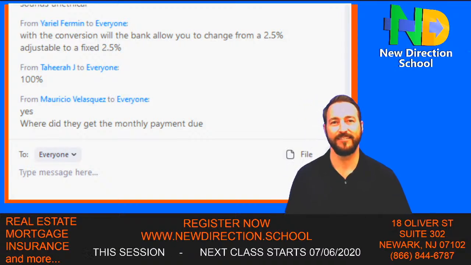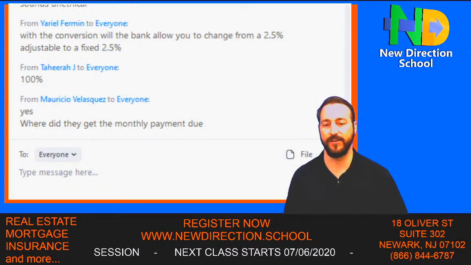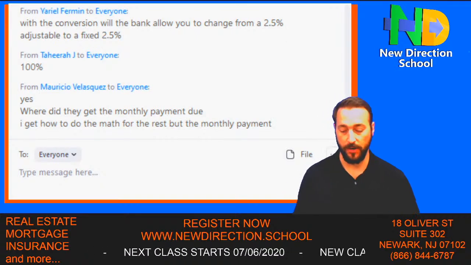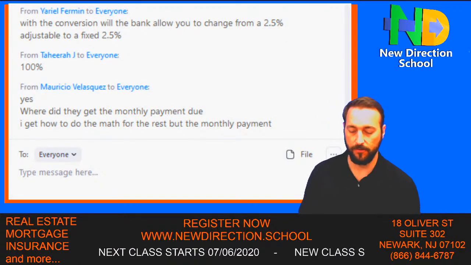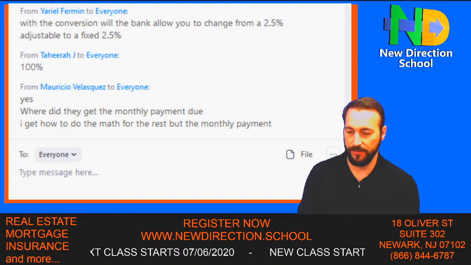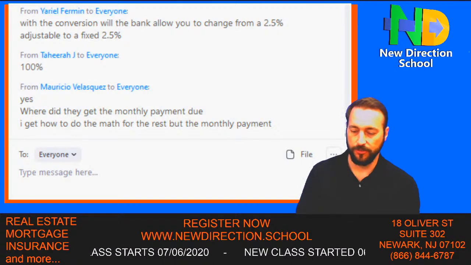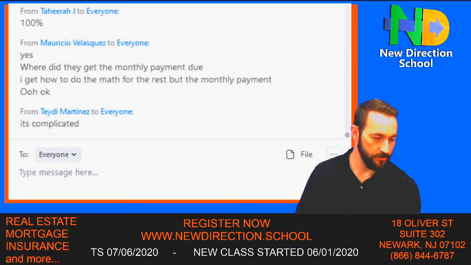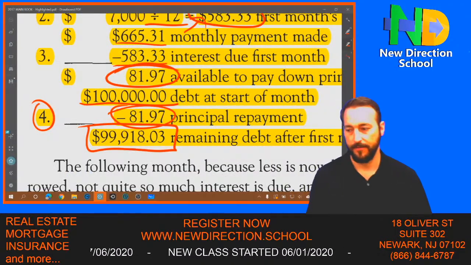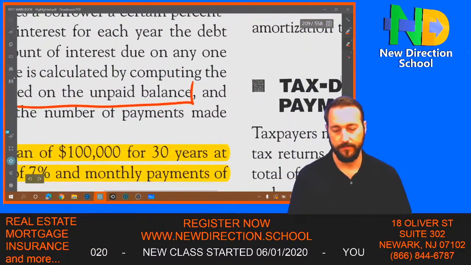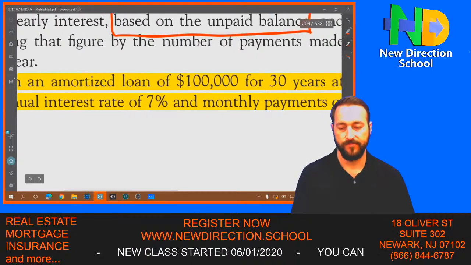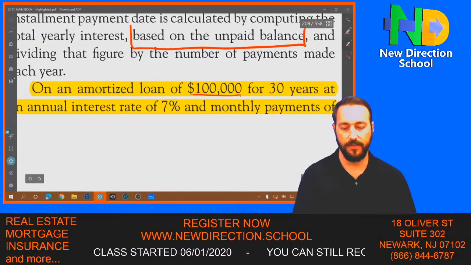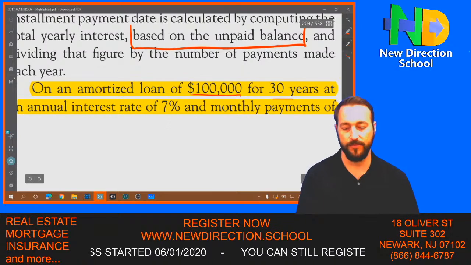Where did they get the monthly payment due? What, the 665.31? All right, so in this particular question, guys, they actually gave it to you. But I'm going to show you how to calculate it also in a little bit. But in this question, let me show you back here. The question was, you have a $100,000 loan for 30 years at 7%.